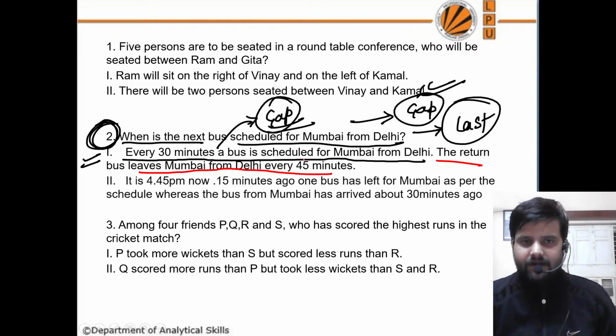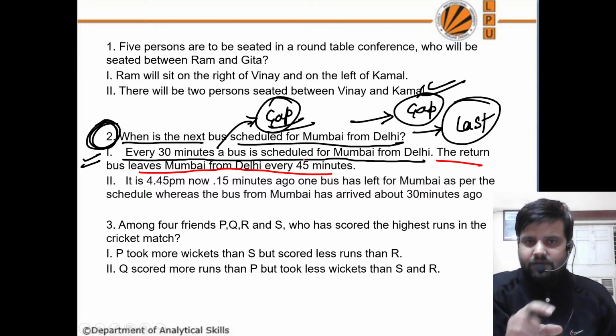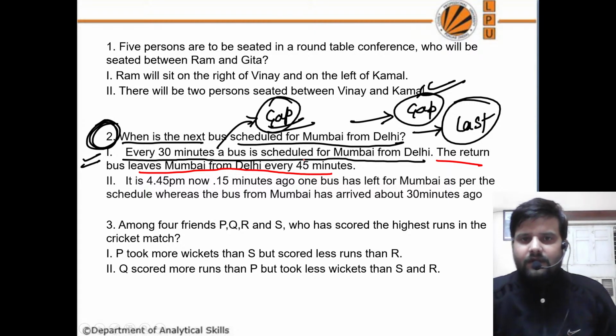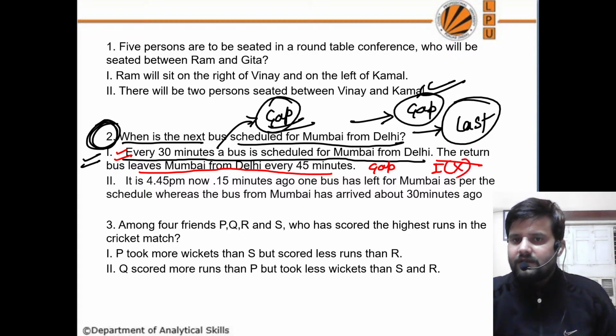This is not really necessary for us to answer this question, because they are giving you information from Delhi to Mumbai, but the question is asking you for Delhi to Mumbai. So only the first part of this statement is required for us, and this is only giving you the information about gap. So first alone is not sufficient to answer the question.